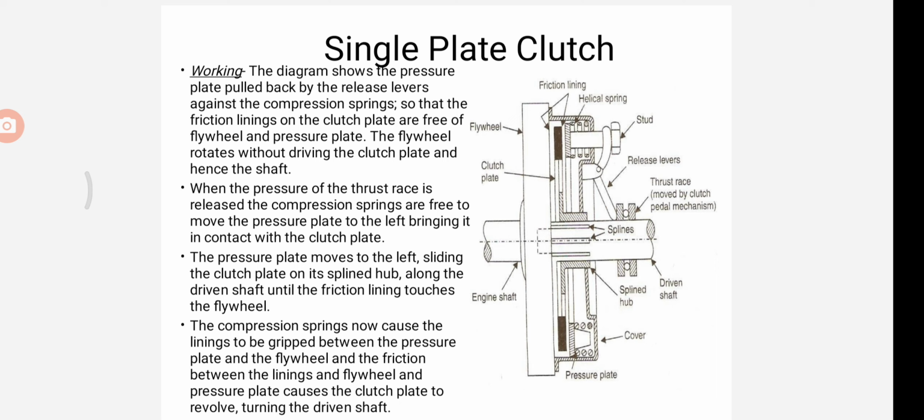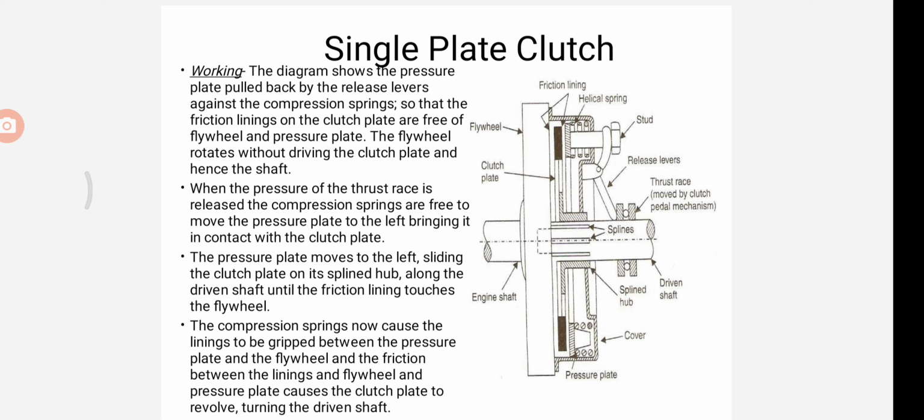When the pressure of the thrust race is released, the compression springs, which we can see here, are free to move the pressure plate to the left, bringing it into contact. The pressure plate moves to the left, sliding the clutch plate along with the hub along the driven shaft until the friction lining touches the flywheel.